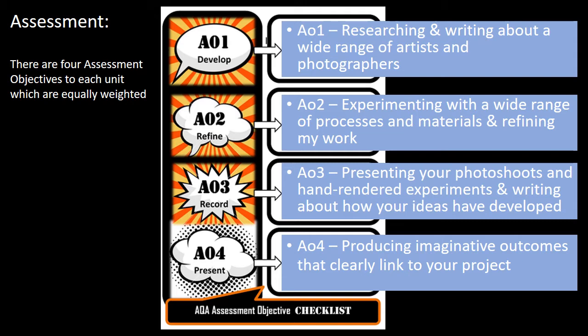So when studying photography, it's not only just about taking lots of really amazing photographs, but it's also about researching other photographers. It's about experimenting with cameras, digital editing, going into the darkroom, and then hand rendering in a fine art kind of way some of their outcomes. It's about presenting their work and writing about their work and ideas and then concluding it in a final piece.